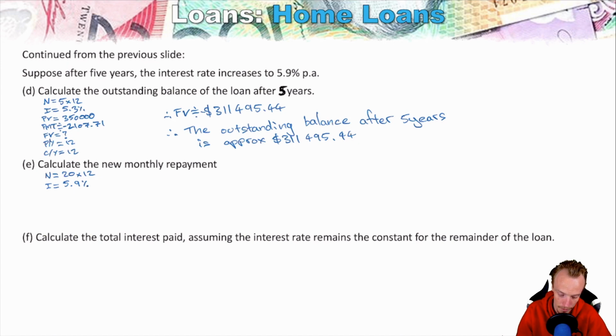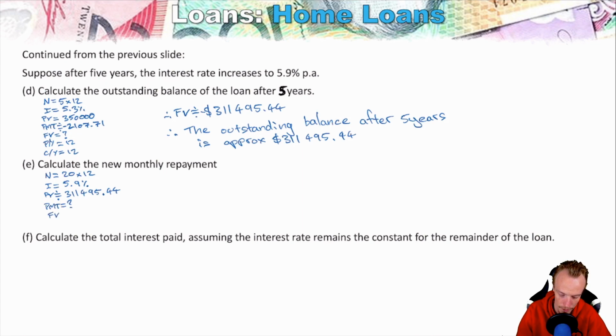The present value, well, that's also different from what it was at the start. Now, we generally say we put this as a positive because you've still got this money from the bank, technically. So it's going to be approximately $311,495.44. The PMT, well, that's what we're after.